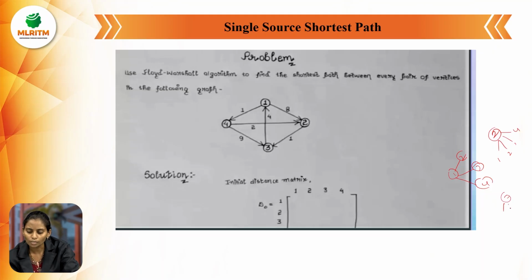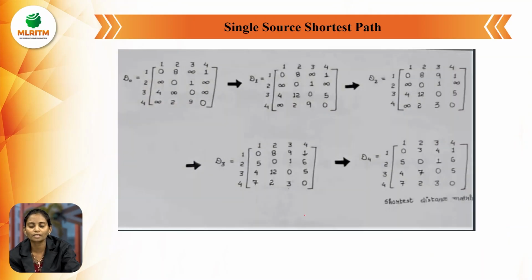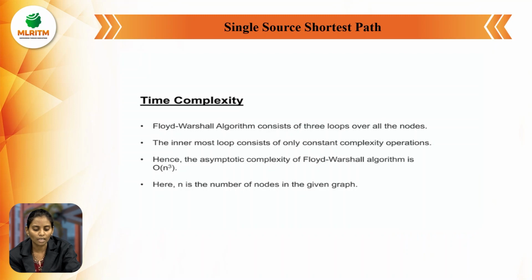Again 3 to 1, 3 to 2, 3 to 3, 3 to 4. Each and every indication and each and every cost we have to check, so we represent the whole matrix. After calculating, we will get this kind of matrix. The time complexity of this is big O of n cubed.